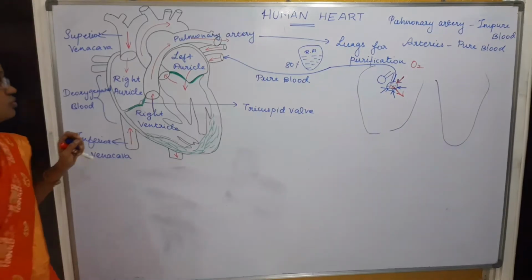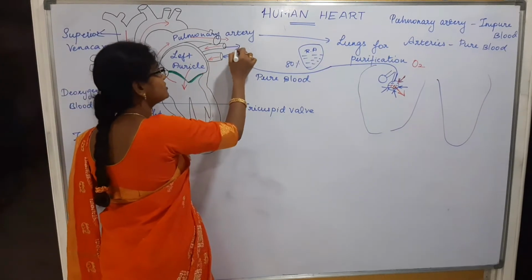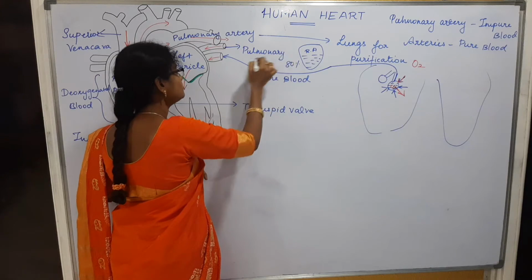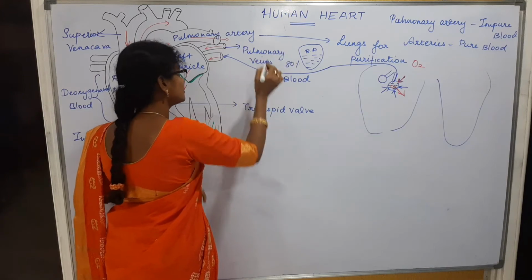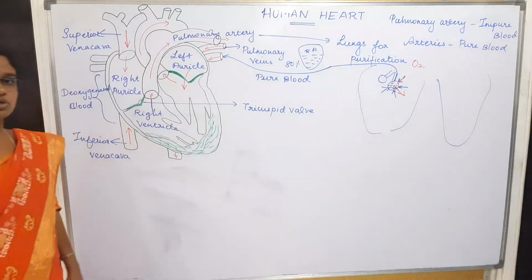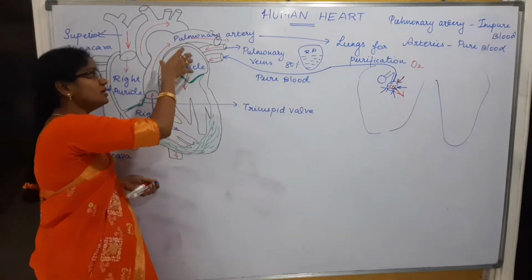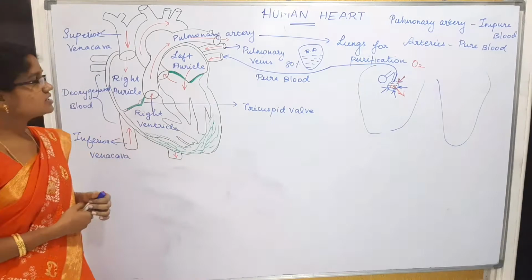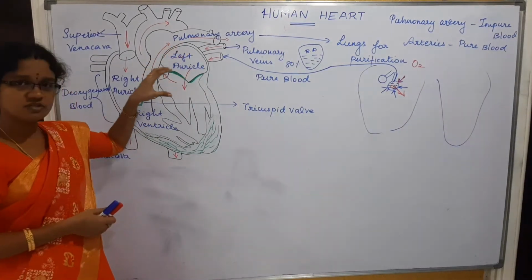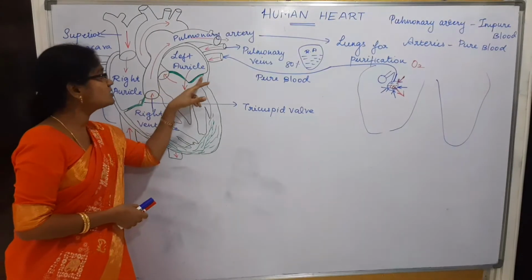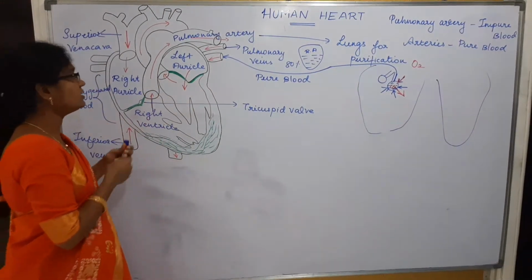Right, students? So what is the vessel present over here? This is the pulmonary veins. Hope you could understand what I am trying to say. Okay. Now the left auricle receives the blood, right? After holding it completely, what is the valve present over here? The green color I have mentioned.